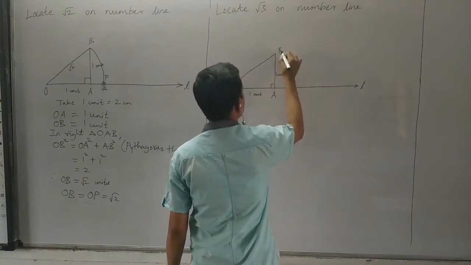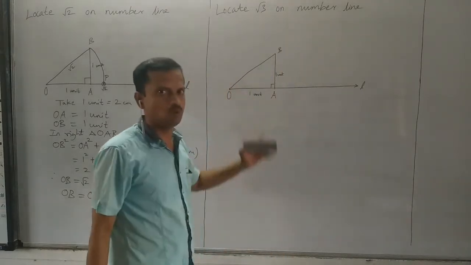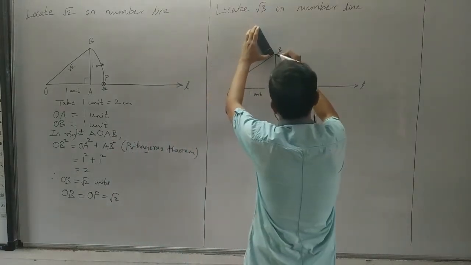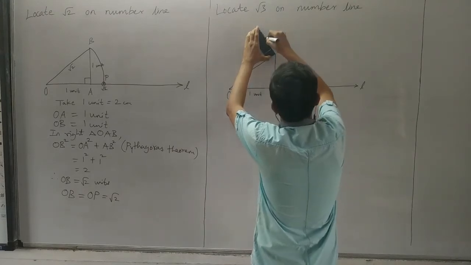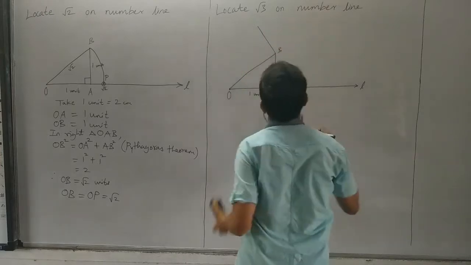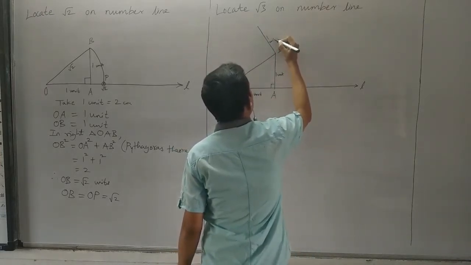This is B. And now, keeping OB as horizontal, you draw another perpendicular at B. From here, you draw another perpendicular. Like this, you can draw. And you take the same 1 unit measure here, 1 unit.